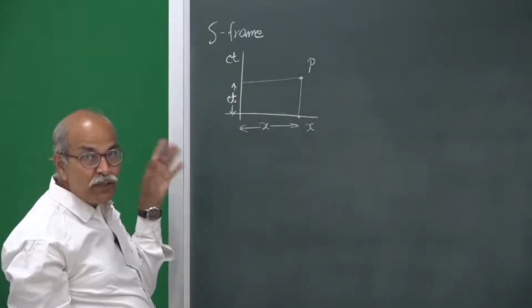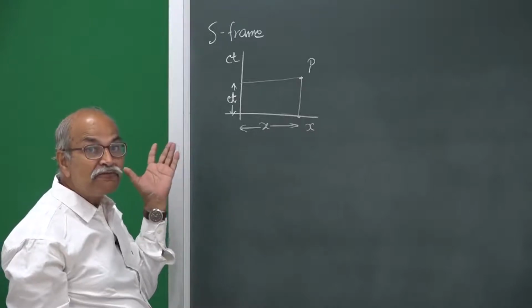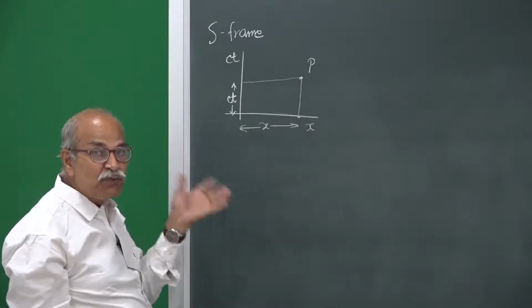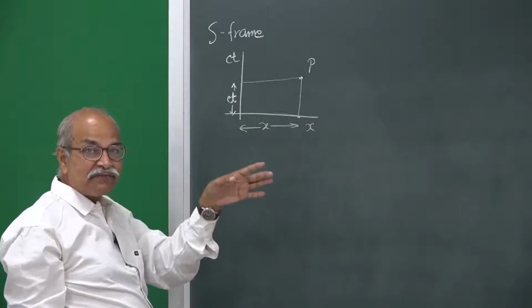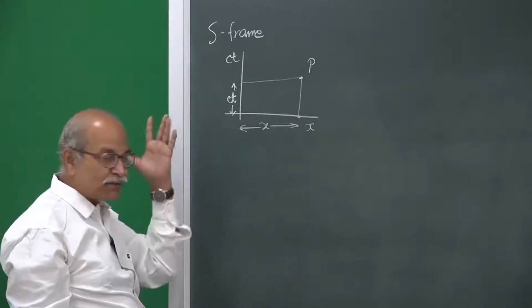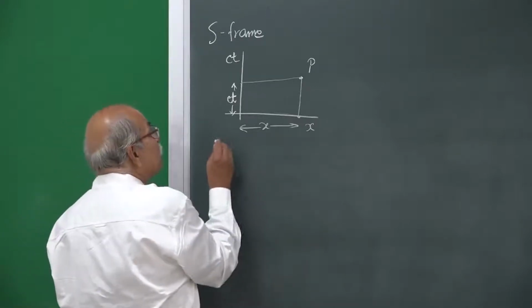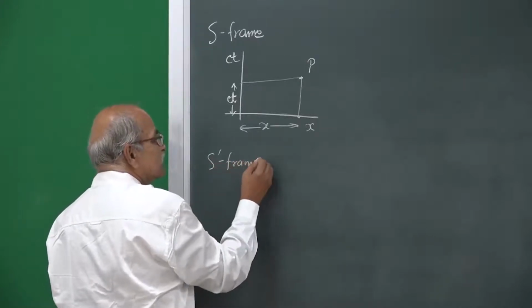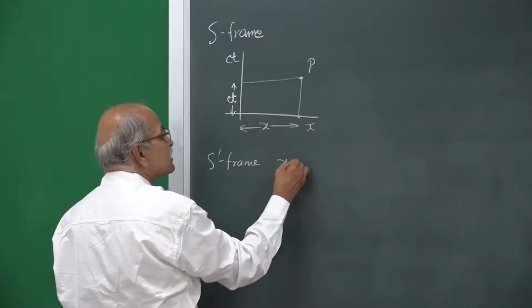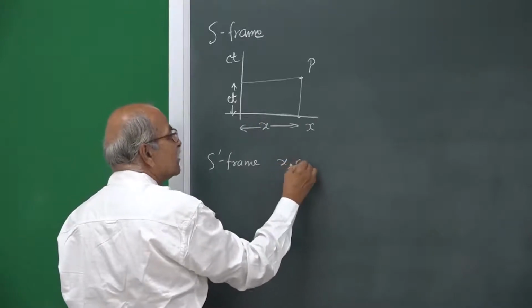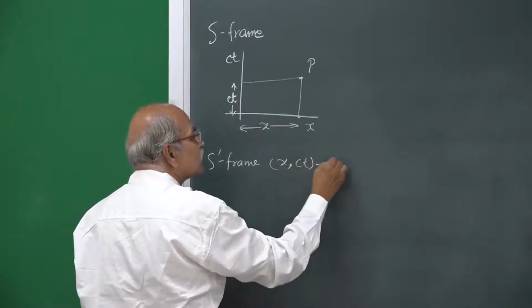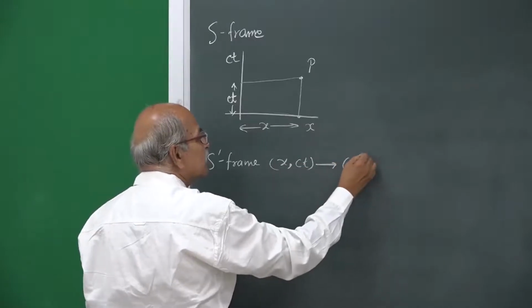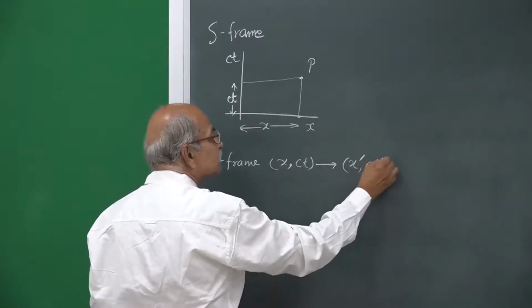What if I look at this event from frame S prime, which moves with respect to S with a velocity v in positive x direction? If you are in S prime frame, the same event which has coordinates x and ct will have corresponding coordinates x prime and ct prime.